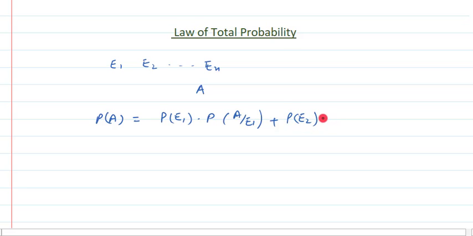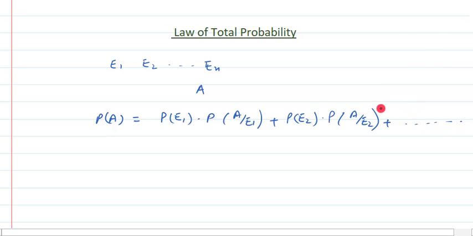Law of total probability states that if E1, E2 up to En are the events which form partition of sample space, then the occurrence of an event A which is associated with the sample space S, in which we are having E1, E2, E3 up to so on, is given by P(A) is equal to P(E1) into P(A/E1) plus P(E2) into P(A/E2) plus P(E3) into P(A/E3) up to so on.